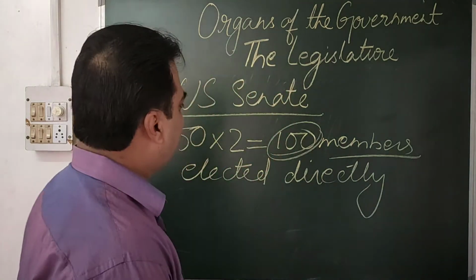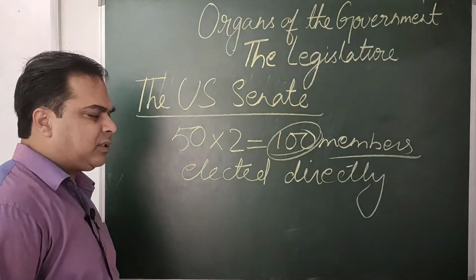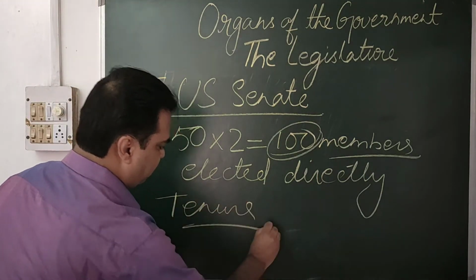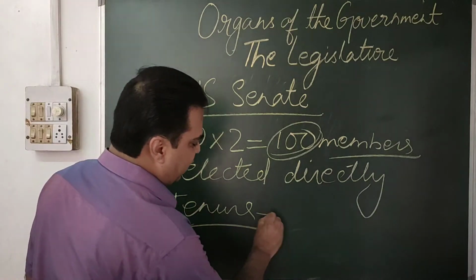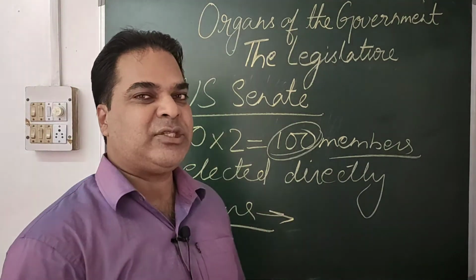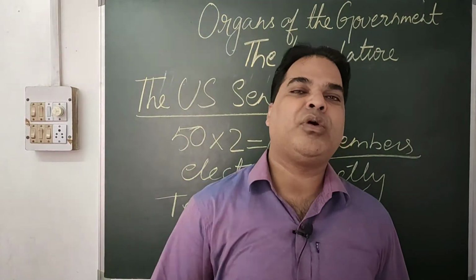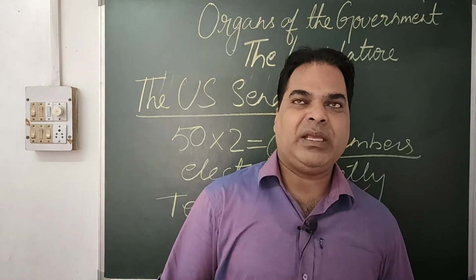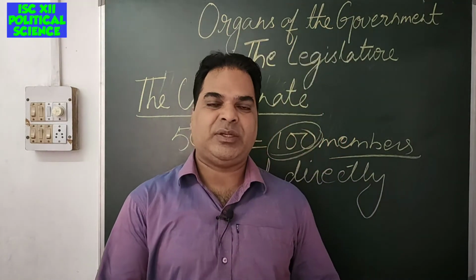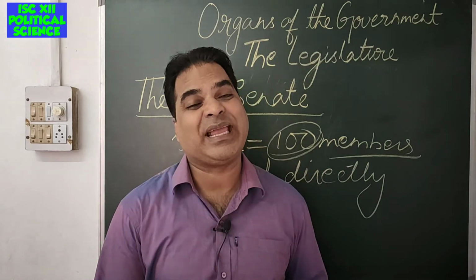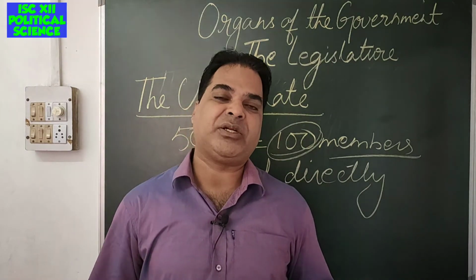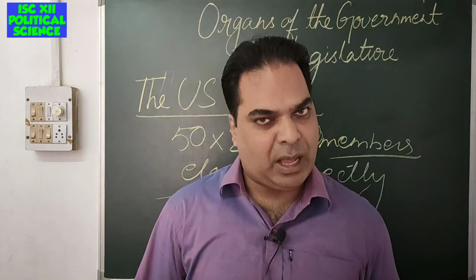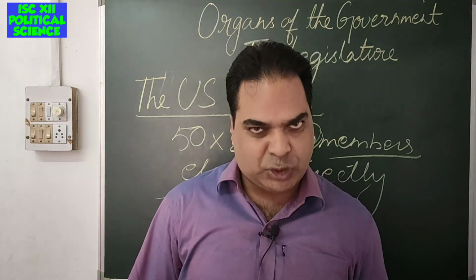Now, the next one is all about the tenure. What is the tenure of the Senate? As you know, it is similar to Rajya Sabha. In the same way, my dear, the members of the Senate retire after every second year, after completing a term of 6 years. So we can say that the Senate is a permanent house. It cannot be dissolved.